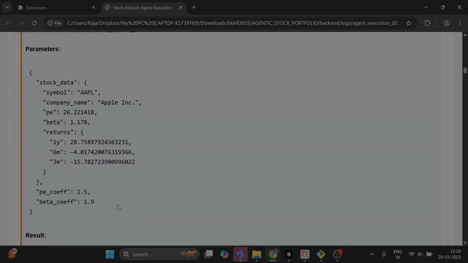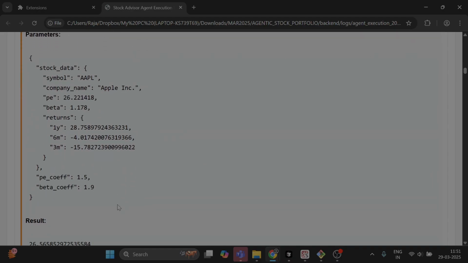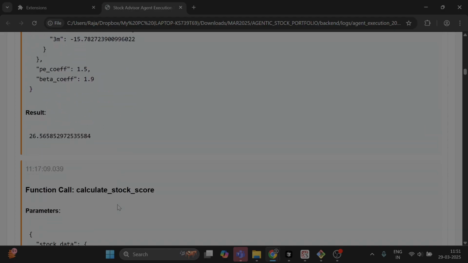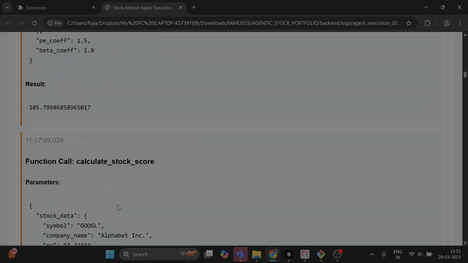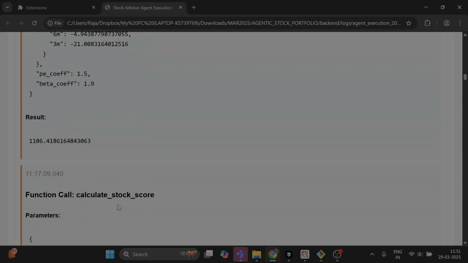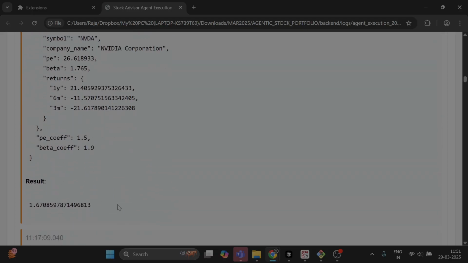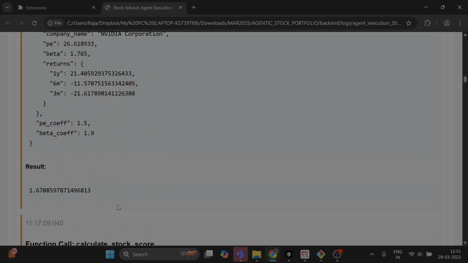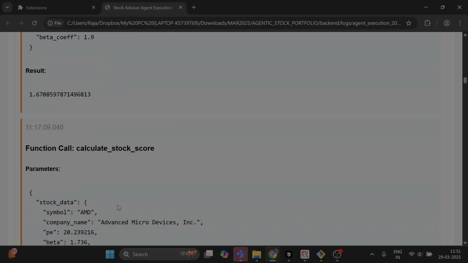So for each of these stocks, it calculated the coefficients, and then using the equation it calculated the score, and using that score it performed the ranking, and it ordered the available stocks in the order of preference the user wanted.